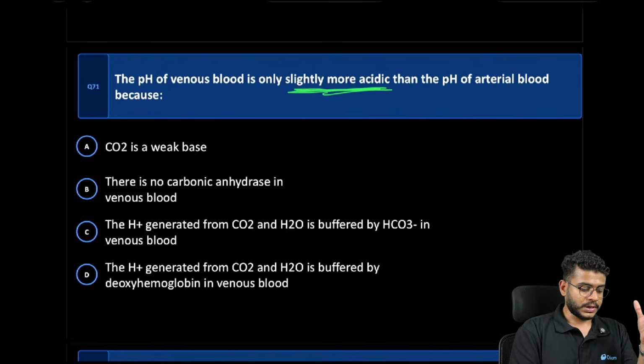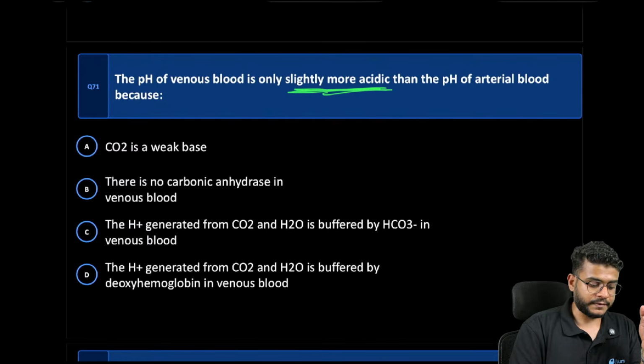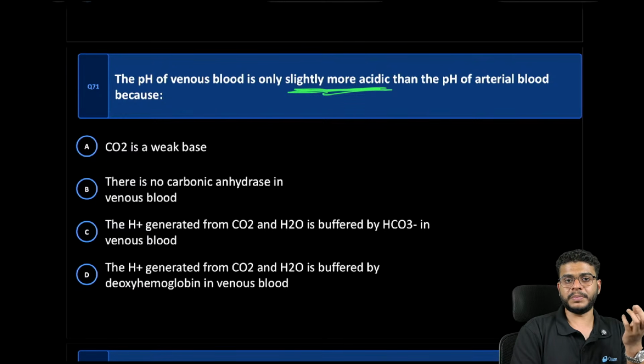So even though the free hydrogen ions are buffered by the deoxyhemoglobin, there will be a slight acidity change. But think, if these free ions are not being buffered, there will be high acidity.